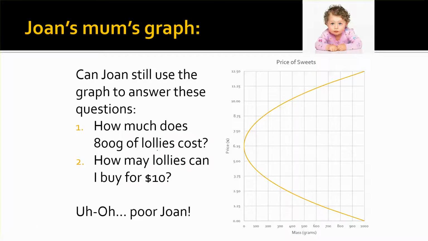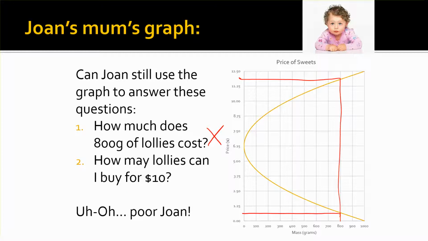How much does 800 grams of lollies cost? 800 grams costs either about 70 cents or costs about $12. She can't answer this type of question. Her relation isn't the right type of relation to answer that question.